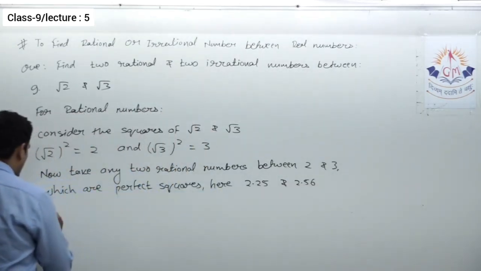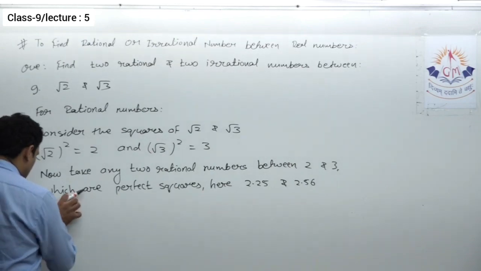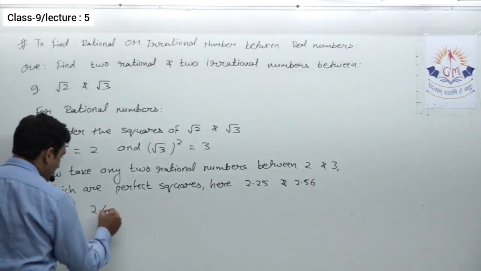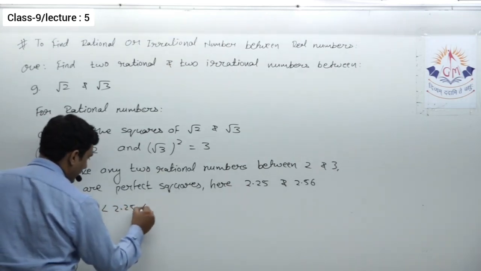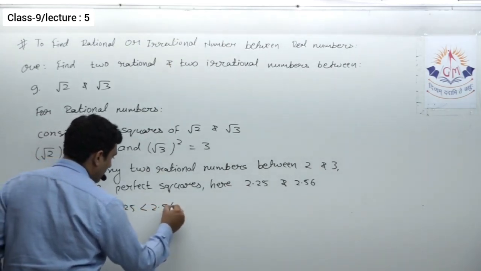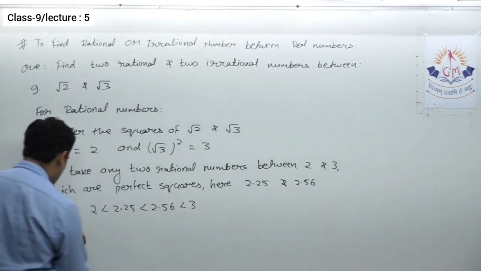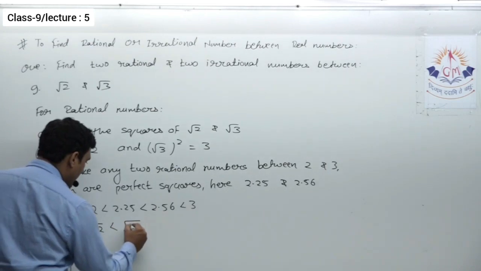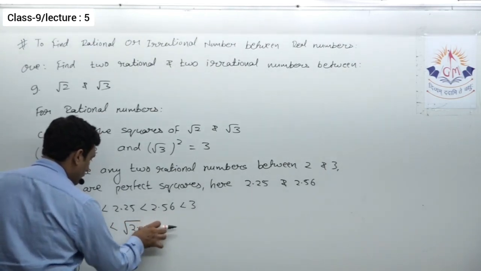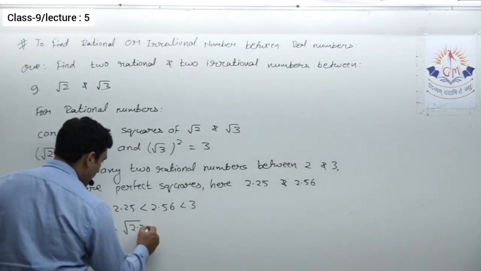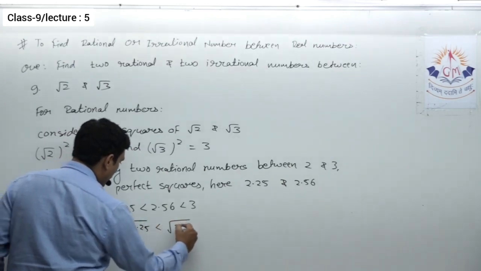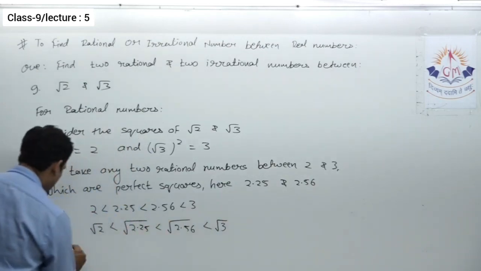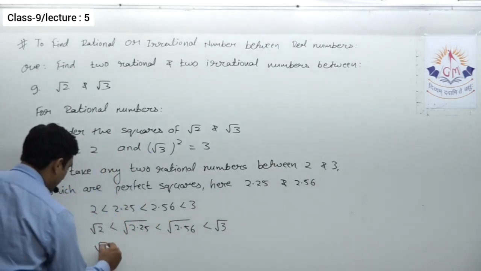Okay, now I can say that 2 is less than 2.25, is less than 2.56, is less than 3. Therefore I can say root 2 will be less than root of 2.25, will be less than root of 2.56, will be less than root 3, and hence I will get my required number.